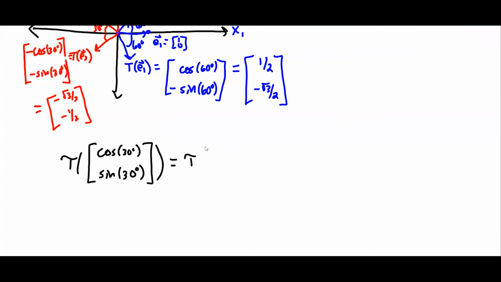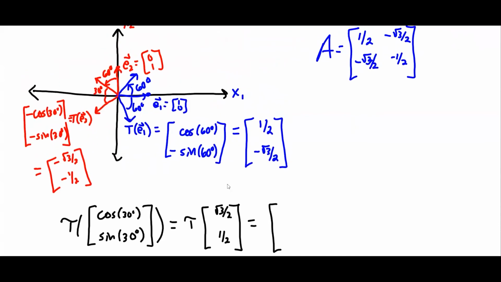So that would be square root of 3 over 2 and 1/2. So we need to just multiply our matrix A times this vector.